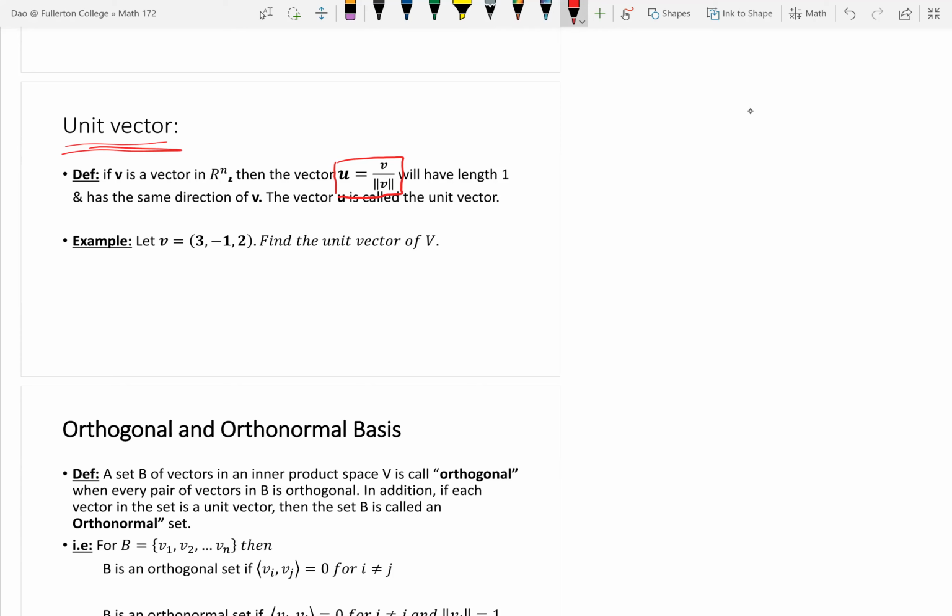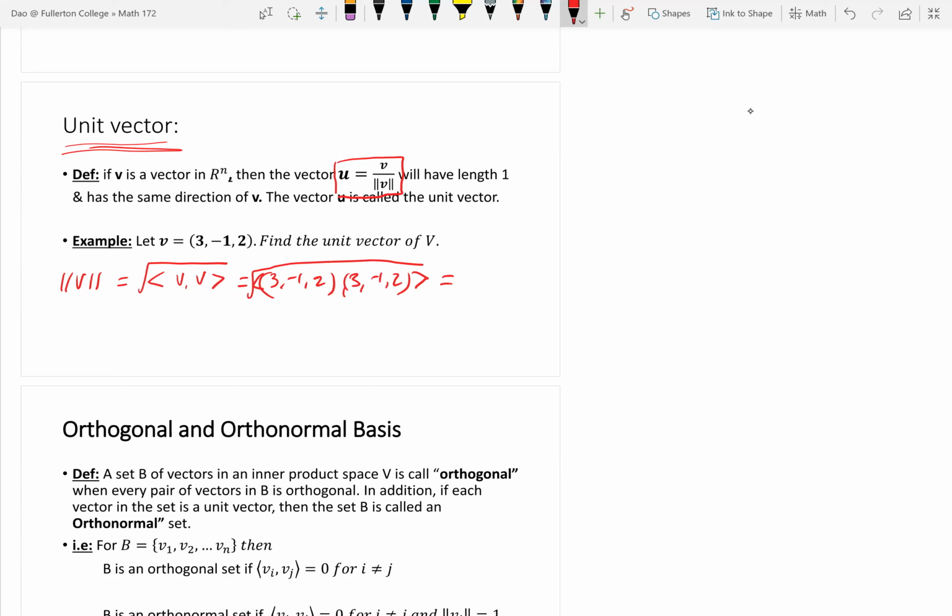Here's the example. v equals 3, -1, and 2. Find the unit vector of v. Let's find the magnitude of v first. The magnitude of v equals the square root of the inner product between v and v. So we have 3, -1, 2 and 3, -1, 2.